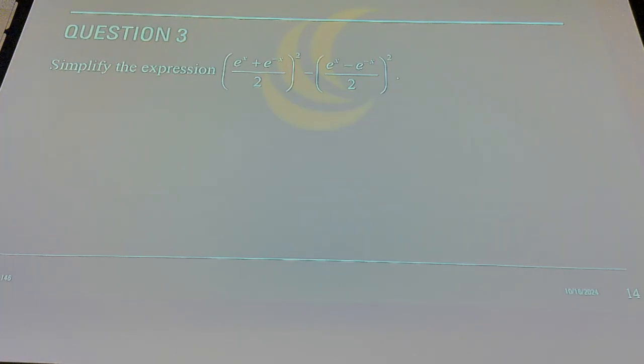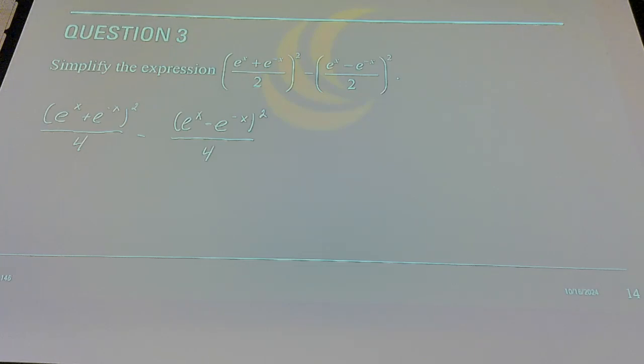Simplify. Alright, so just distribute the exponent through.